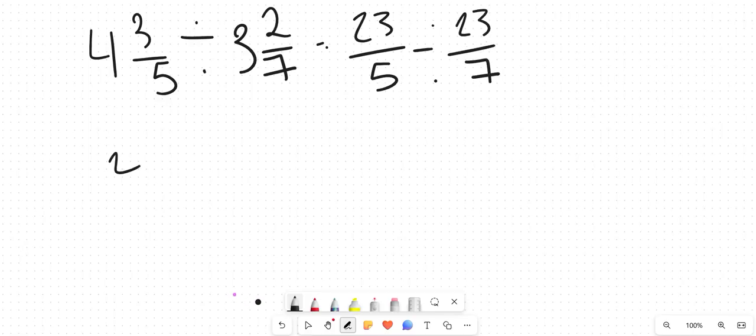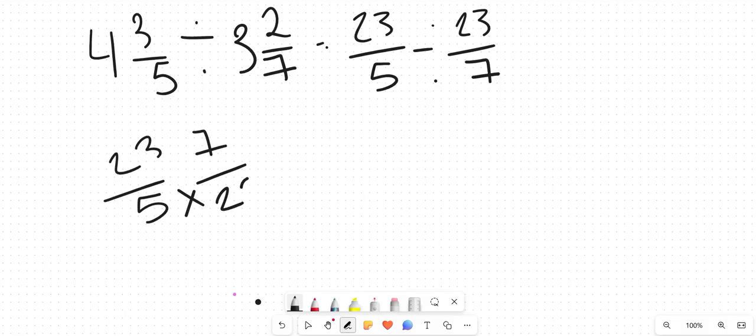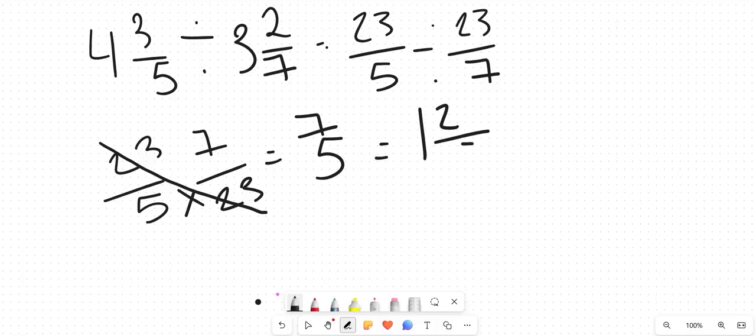And we multiply by the reciprocal, 23 over 5 times 7 over 23. Now we can cancel out the 23's because it's a common factor, and that leaves us with 7 over 5, or it can also be 1 and 2/5. 5 goes into 7 one time with 2 left over.